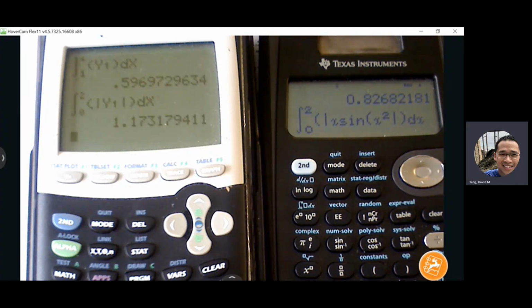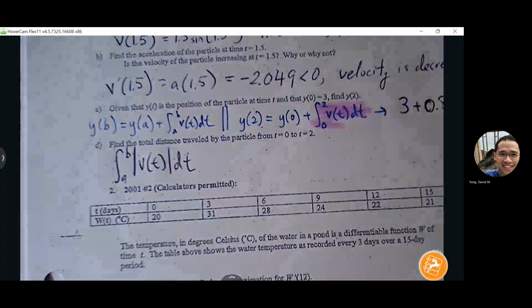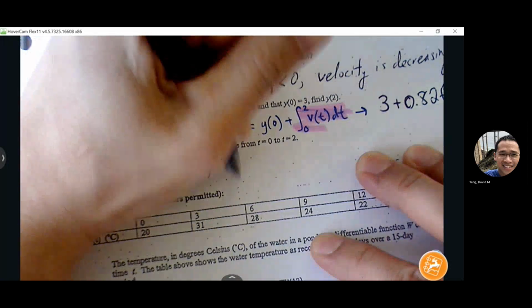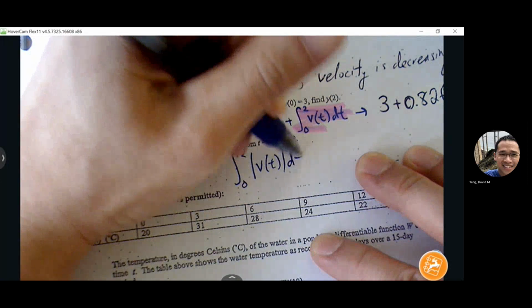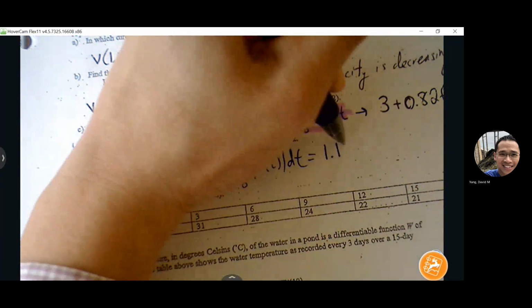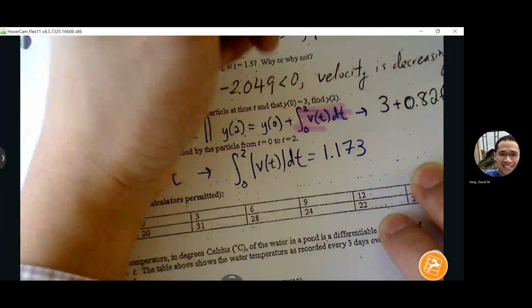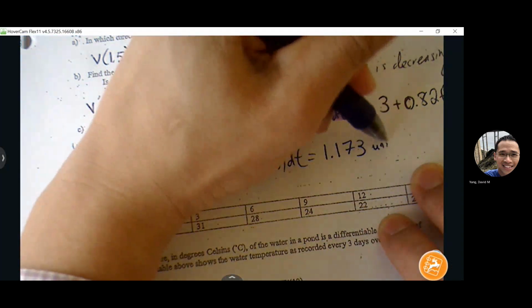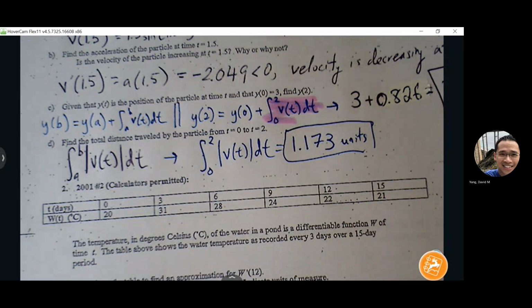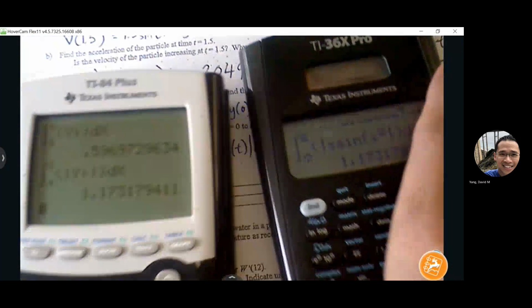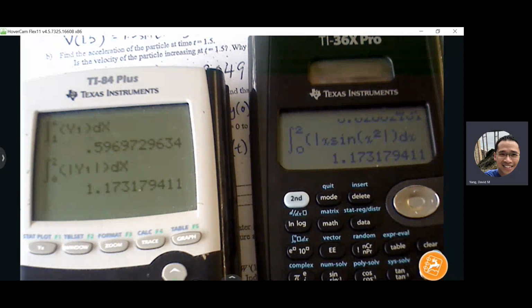So total distance traveled is 1.173 units. And it finally came up on the 36 Pro. Any questions here?